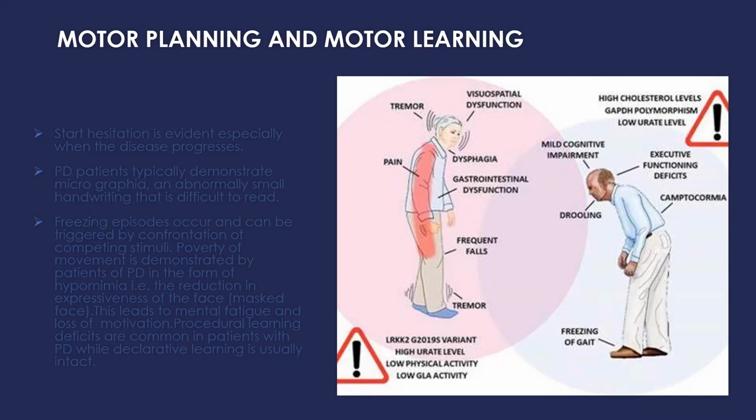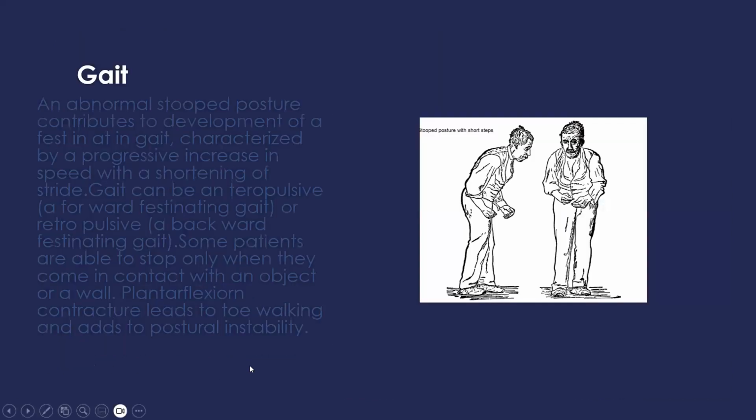Procedural learning deficits are common in patients with Parkinson disease, while declarative learning is usually intact. Gait: an abnormal stooped posture contributes to the development of festination in the gait, characterized by the progressive increase in speed with shortening of the strides.